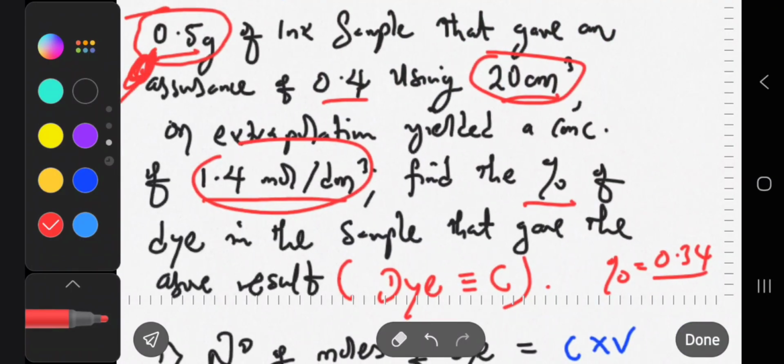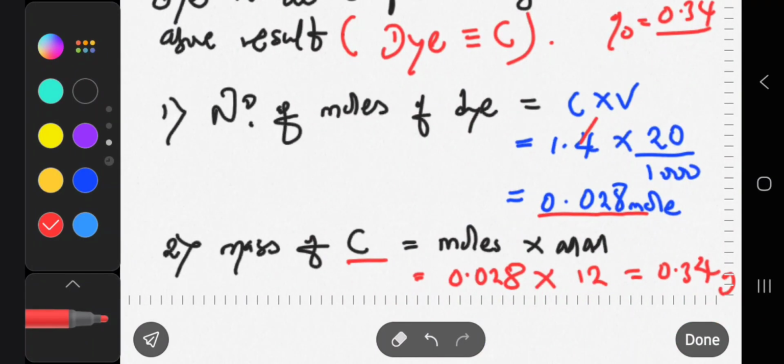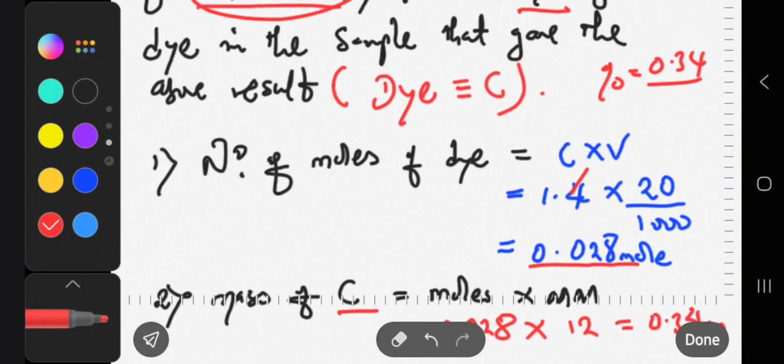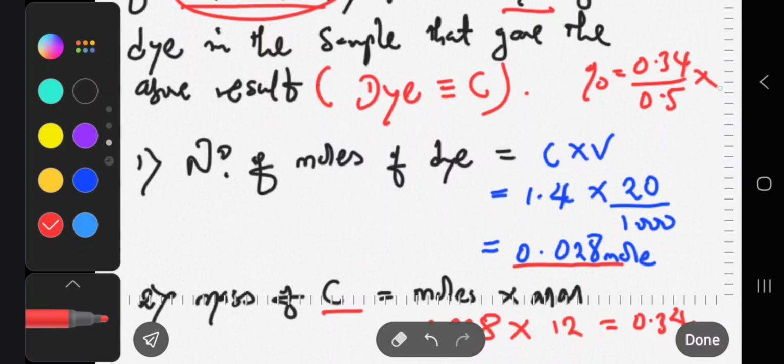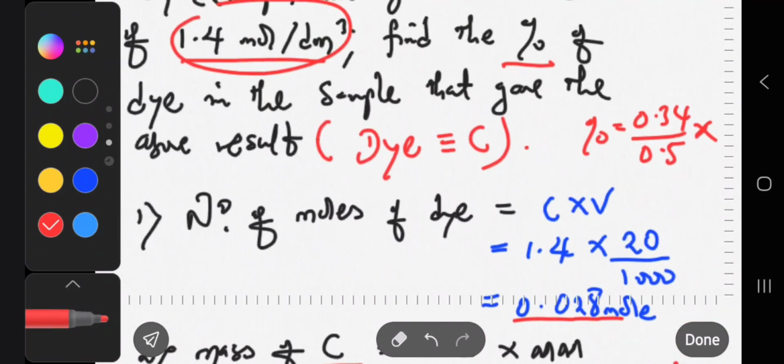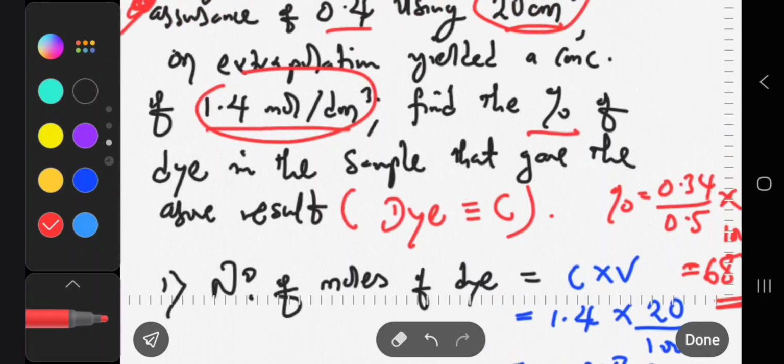As you can see here, 0.5. So it's 0.34 divided by 0.5, then multiply this by 100. I don't have much space here. If we do this, let me see what I get here. I'm getting 68%.